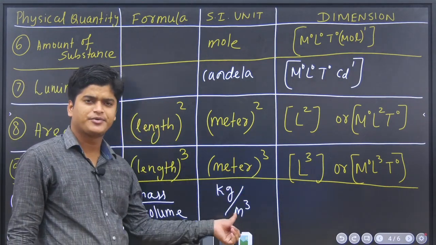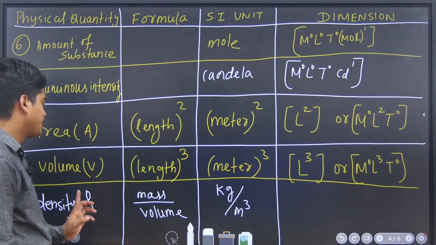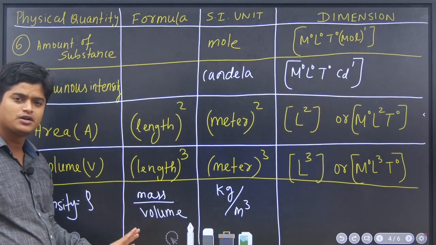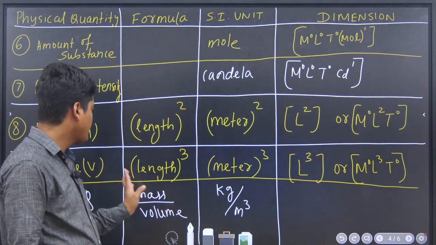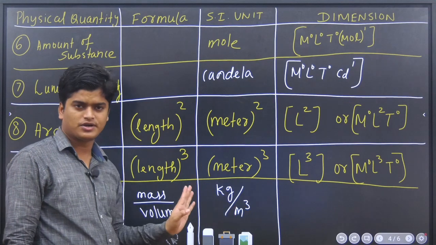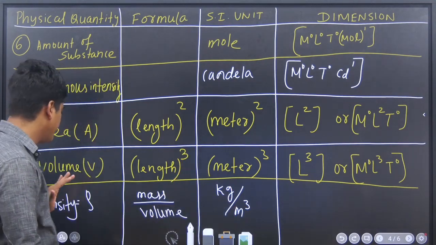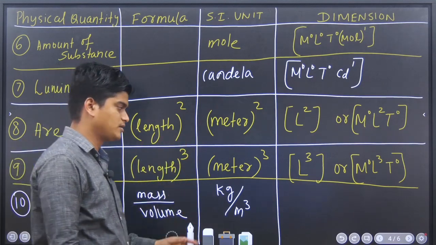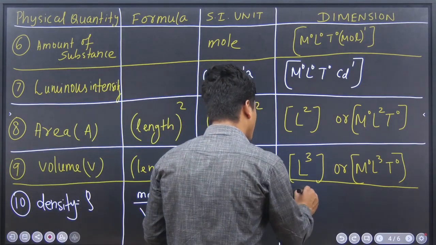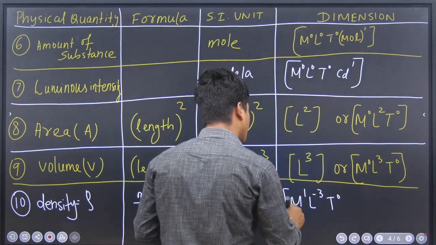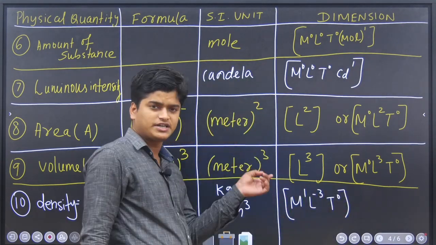So it will be kg by meter cube as the SI unit of density. You see in density mass occurs one time, and volume occurs one time. So volume to the power 1, and inside volume the length power is 3, so it will be length power 3. That means length occurs in the denominator, so L to the power minus 3. So you can write here M to the power 1 for kg and L to the power minus 3 T to the power 0. Minus means, you understand, it is in the denominator.